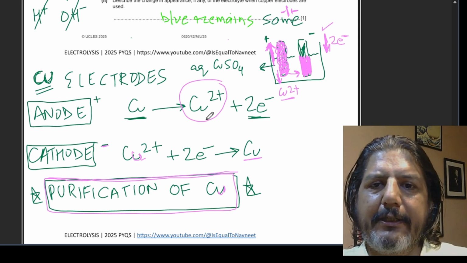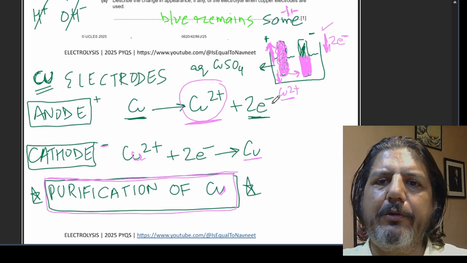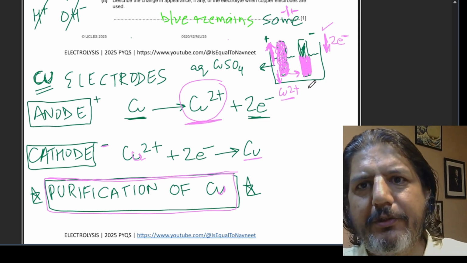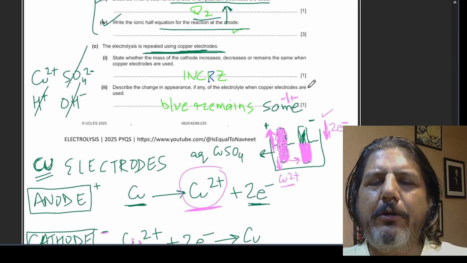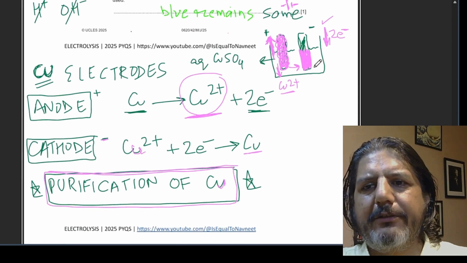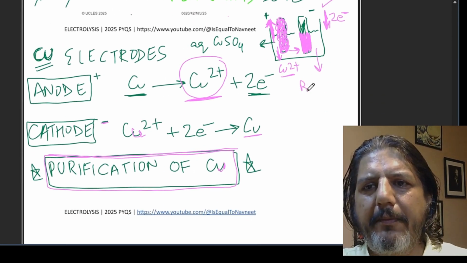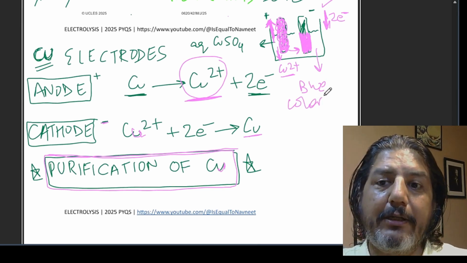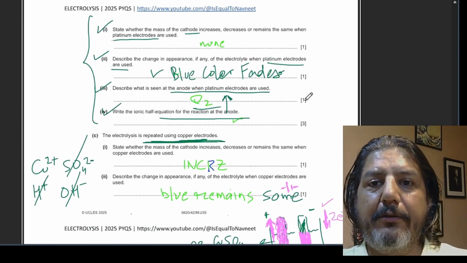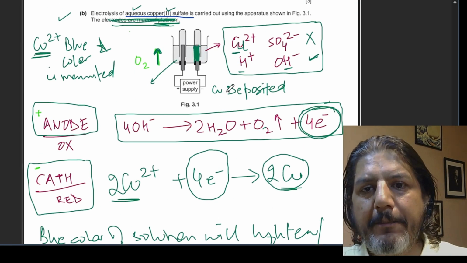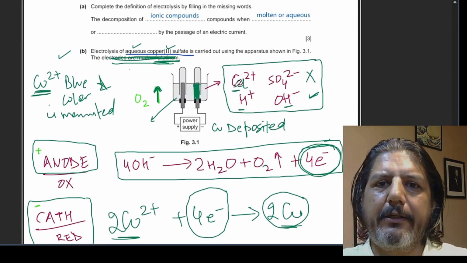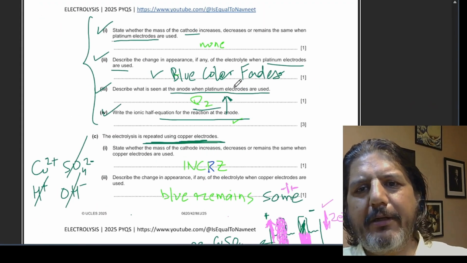But now the interesting thing is the concentration of Cu2+ is maintained. So the color of the solution won't change. This blue color will remain the same. It won't get faded like in the previous example where we had taken inert electrodes.